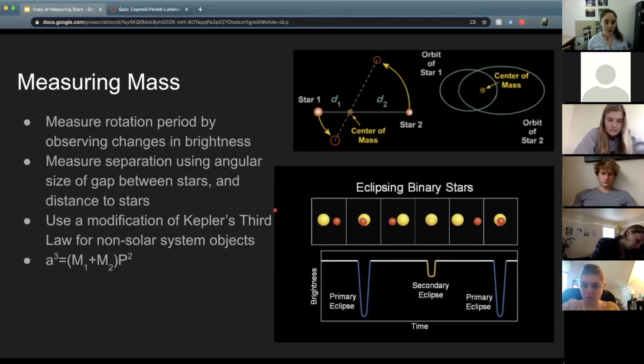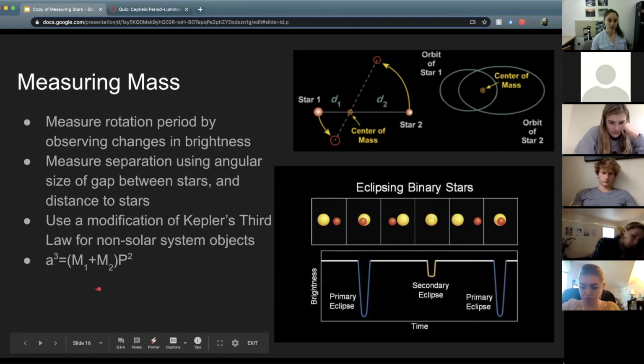So we're going to have a modified version of our Kepler's third law. When we did this with the solar system, we just had a cubed equals p squared. And that's because we were only worried about the mass of the sun, and the sun has one solar mass. So we were essentially just multiplying by 1. Now we're looking at other stars, so instead of multiplying by 1, we're going to be multiplying by the sum of the masses of the two stars.